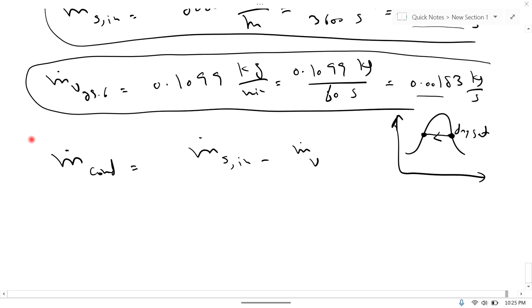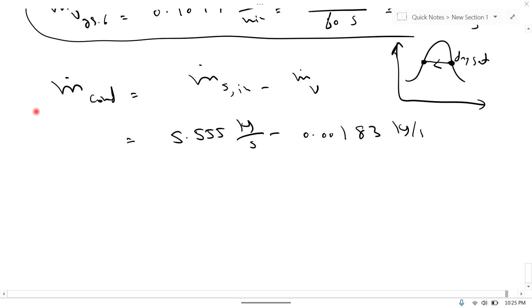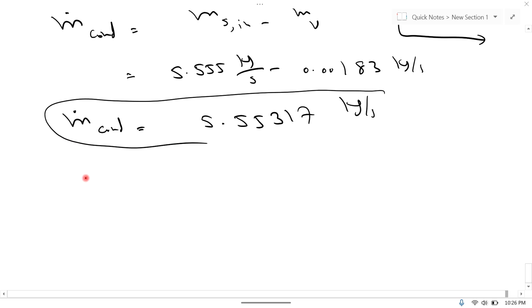So mass of condensate is mass of steam dry saturated minus mass of vapor at this point, which is equal to 5.555 kilogram per second minus 0.00183 kilogram per second. So mass of condensate is equal to 5.55317 kilogram per second.